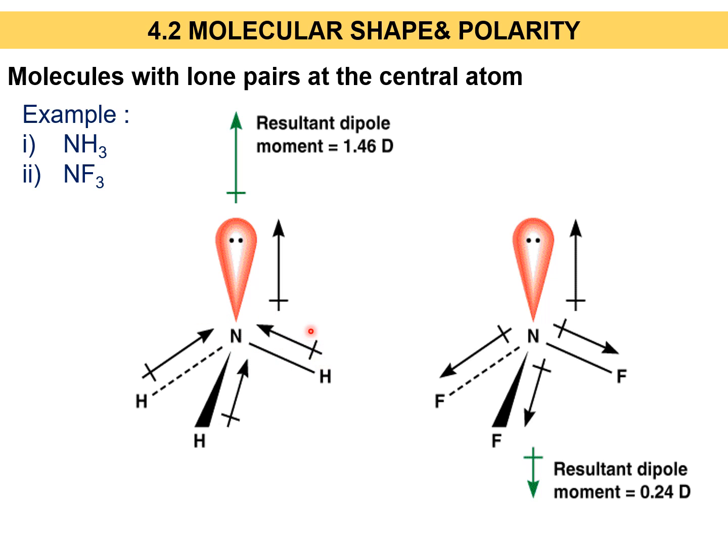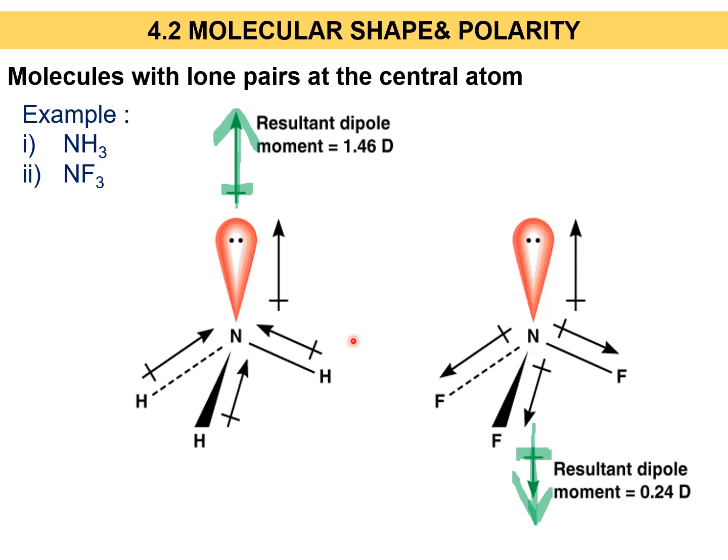Okay, lepas tu kalau NH3, the resultant dipole moment dia akan menegak ke atas. Kalau resultant dipole moment untuk NF3 menurun ke bawah. Sebab apa menurun ke bawah? Sebab bond dipole untuk NF3 semua macam daripada N kepada F. Sebab apa? F is the most electronegative atom. Therefore, the bond dipole dia akan menuju daripada N kepada F.